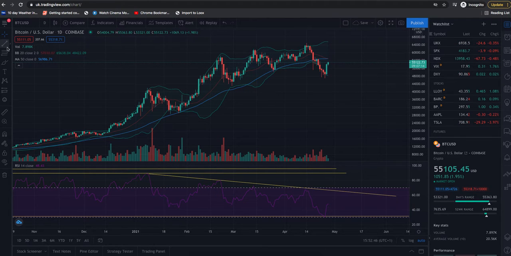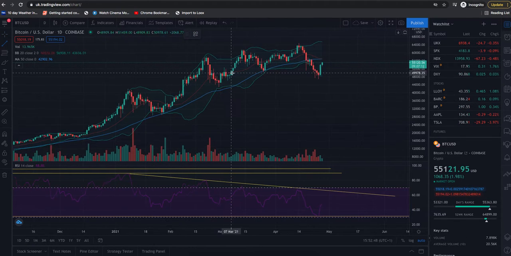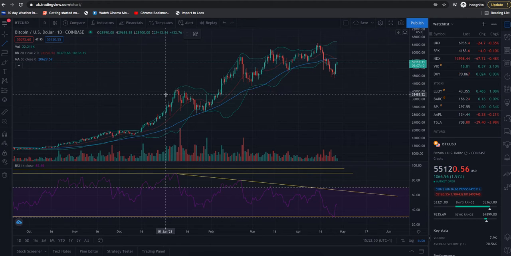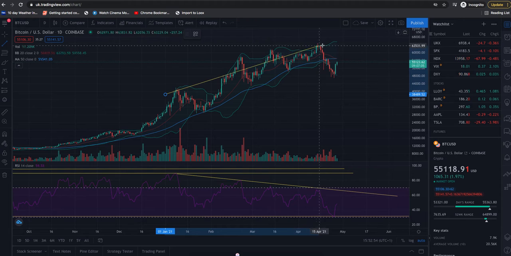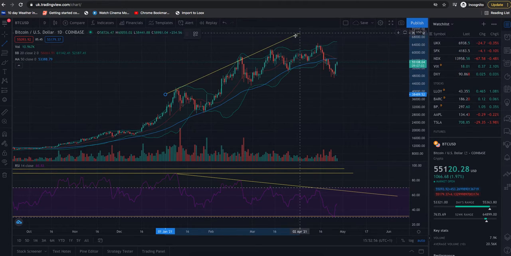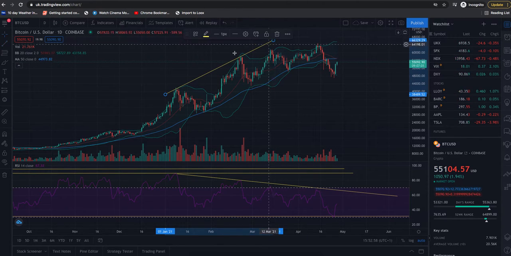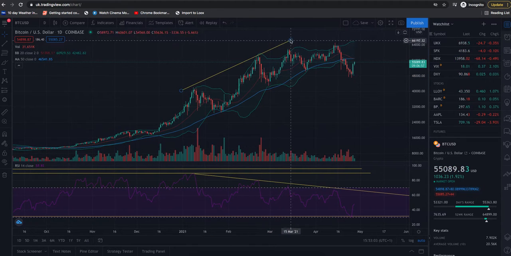So this is where you get your support lines from, because at a certain point, there, and there, the price has always reacted. So that is the beginning of your channel, which is called a support line.